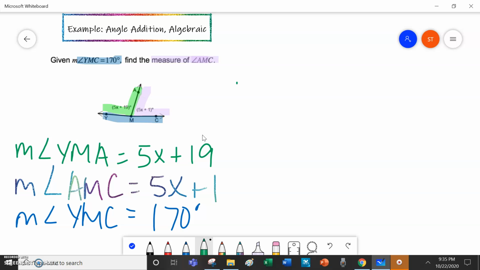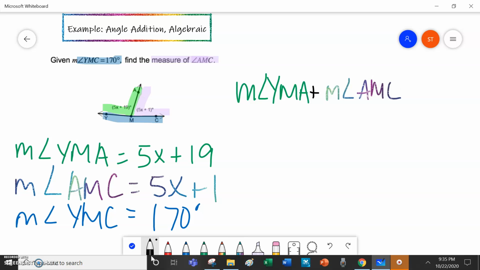So I represent it: measure of angle YMA plus the measure of angle AMC will equal the measure of angle YMC.